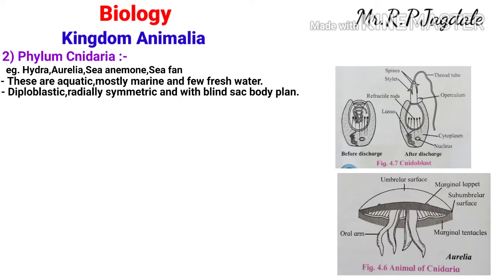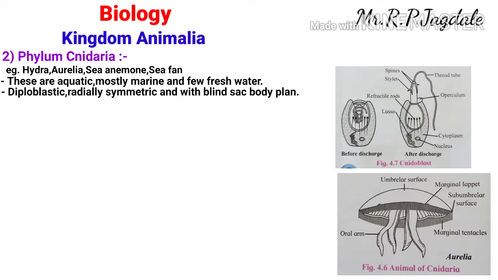Radial symmetry means from the radius to the outside they are symmetrical, and with a blind sac body plan. We have also seen the different body plans. Blind sac body plan means a sac-like body is present and a single opening is there. This type of body plan is there in the phylum Cnidaria.